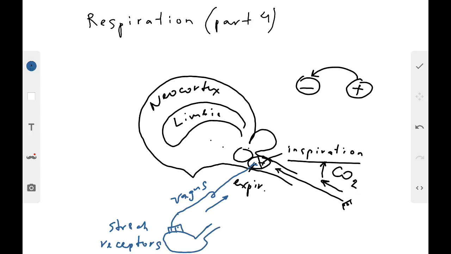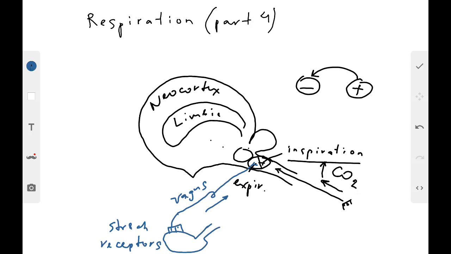So, taking into account and summarizing this information, the nervous control of respiration is the function of vagus, which carries the information from stretch alveoli receptors to the expiration center.